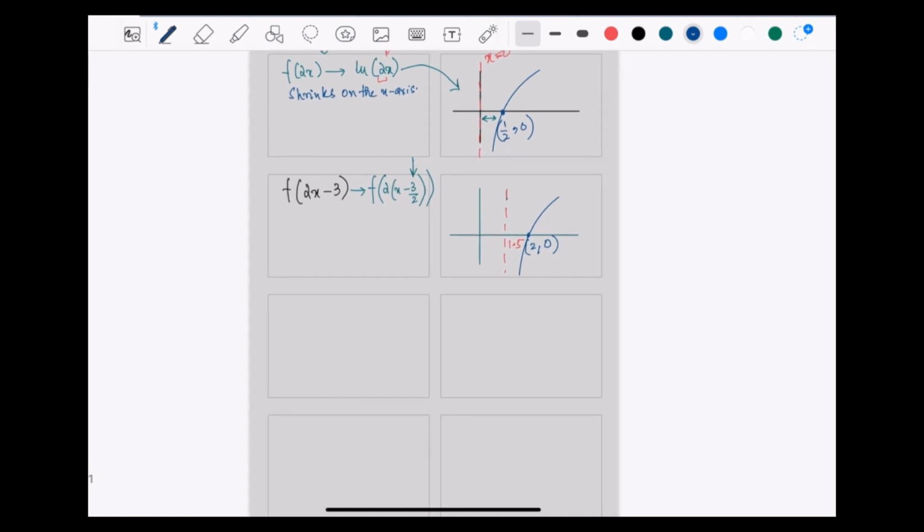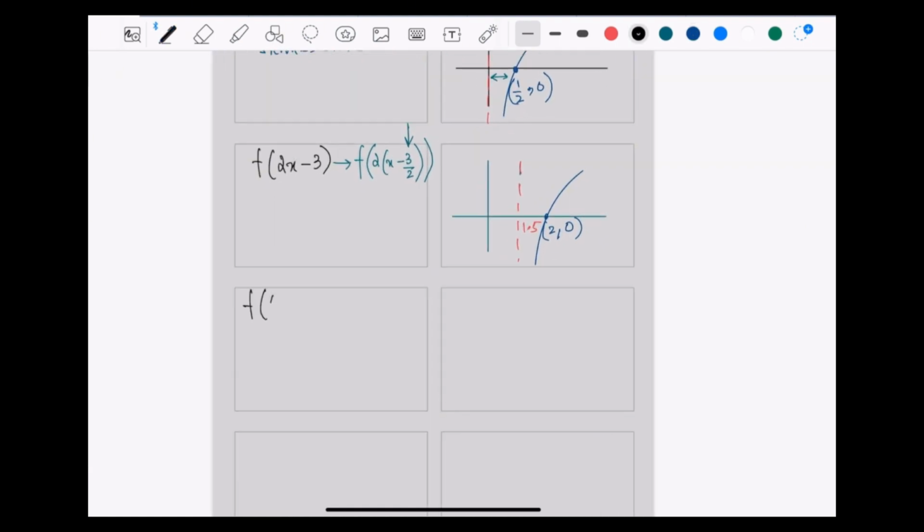Okay, let's take another example. f of 6x minus 9. So this function, first step, you draw ln 6x. Now when you draw ln 6x, the value which was at 1, 0 is now going to be 1 over 6, 0.